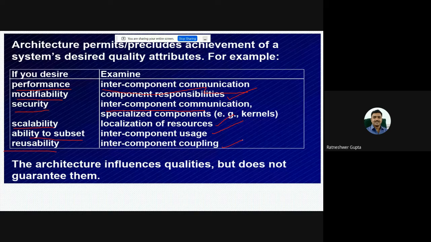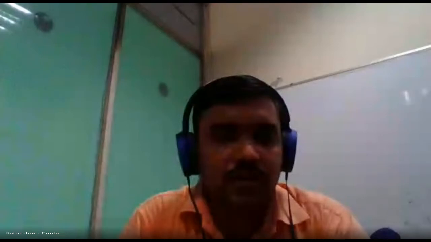But there must be some criteria for the simulation. If we want to check the performance criteria, we cannot check the scalability or the reusability. For the performance, we must study the inter-component communication. Similarly, if we go for modifiability, we must look at the component responsibilities, and so on.